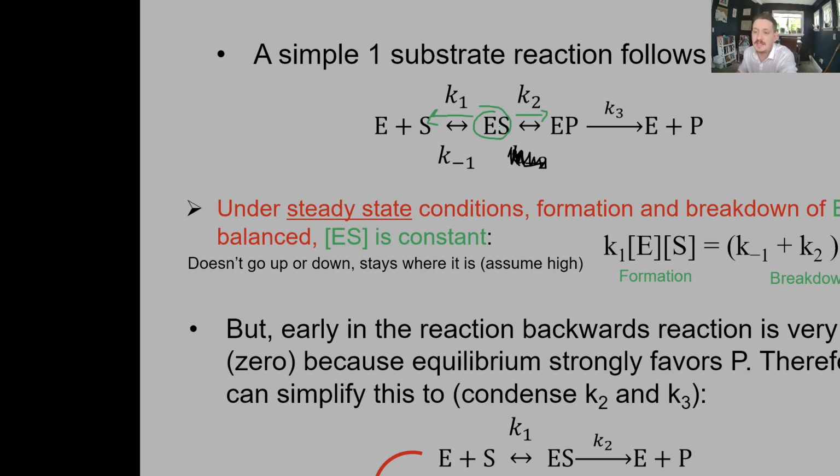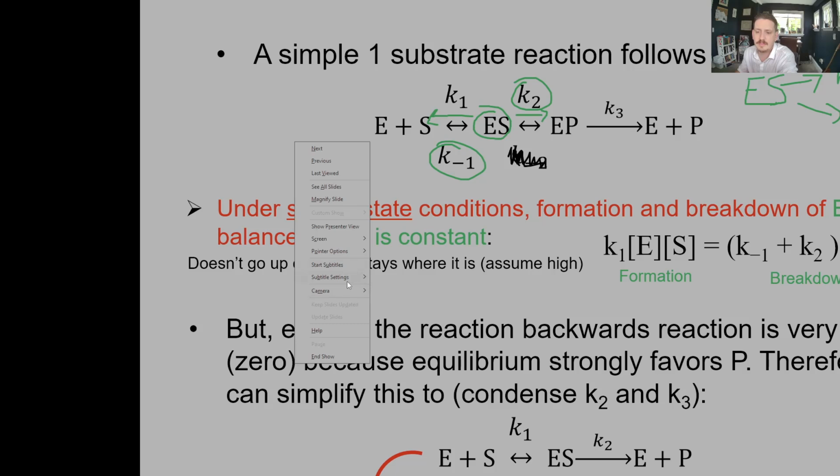So ES can break down in two ways: either by the K2 reaction forwards, or by the K minus 1 reaction going backwards. So ES can break down in one of two different ways.